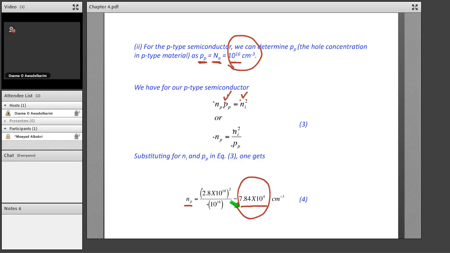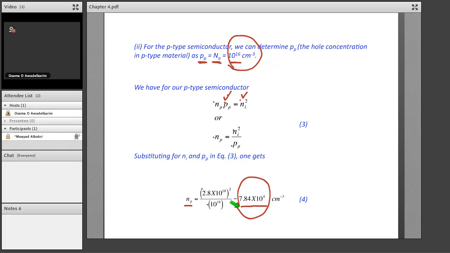So the holes are more than 11 orders of magnitude higher than electrons. That is why this material is called p-type, and all the conduction is dominated by holes.